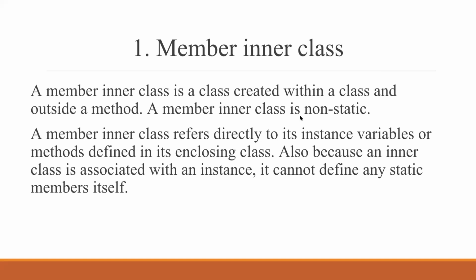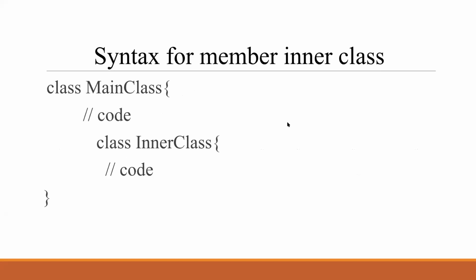So let's proceed and see the syntax of a member inner class. Just like the syntax of an inner class, this is how a member inner class looks. You've got the outer class, which is in this case called main class.